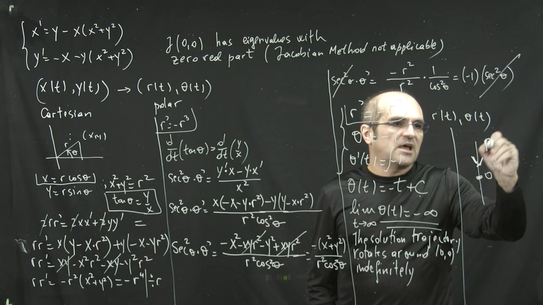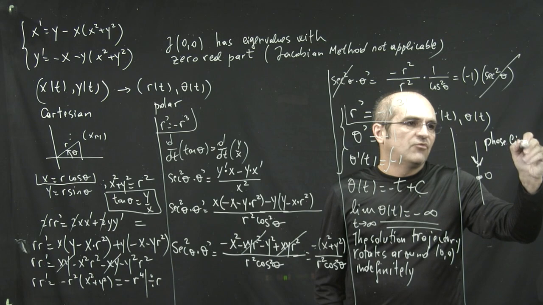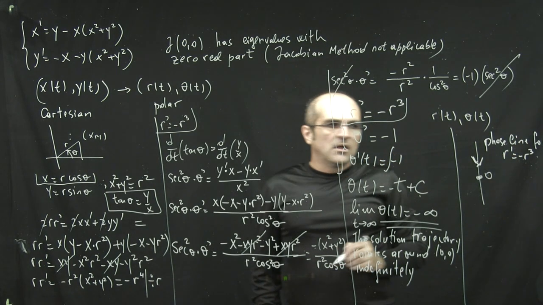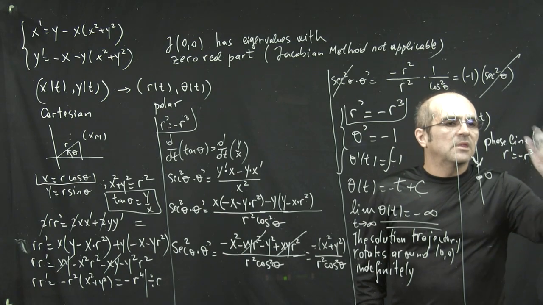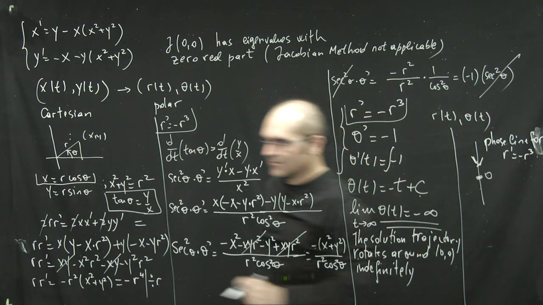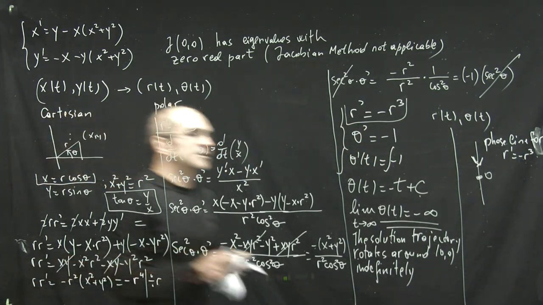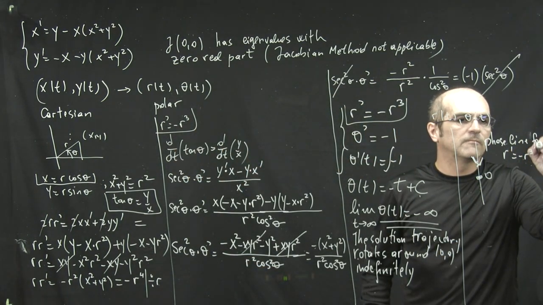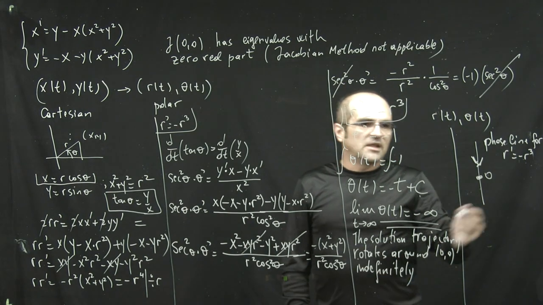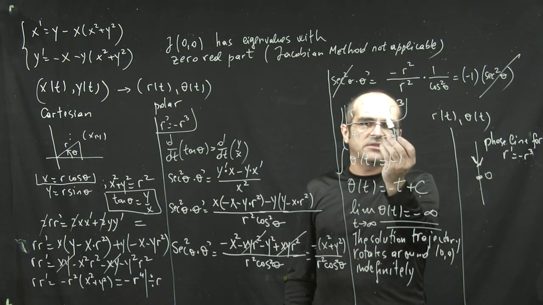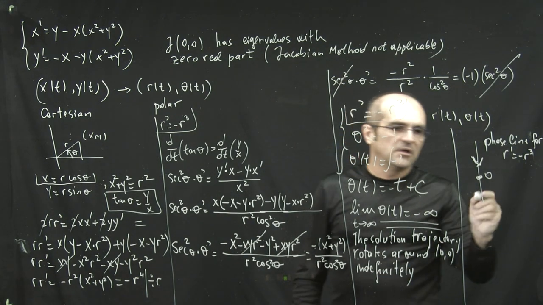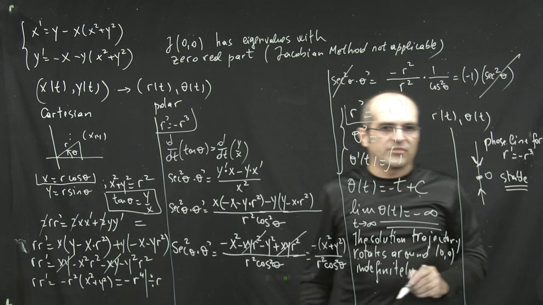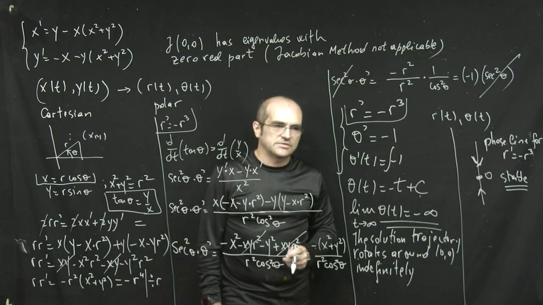So that's the phase line for r prime equals minus r cubed. And then if you start with a point below 0, this will be a positive quantity. Therefore this point is stable for the equation of the polar radius.